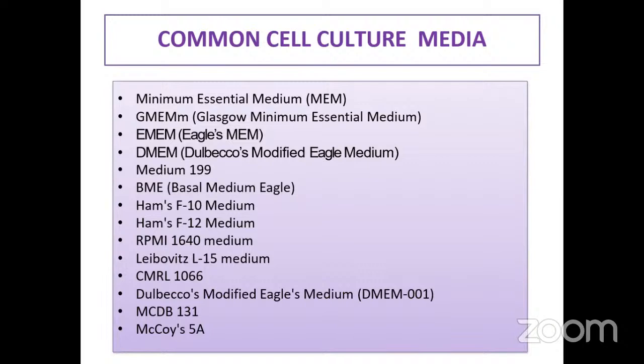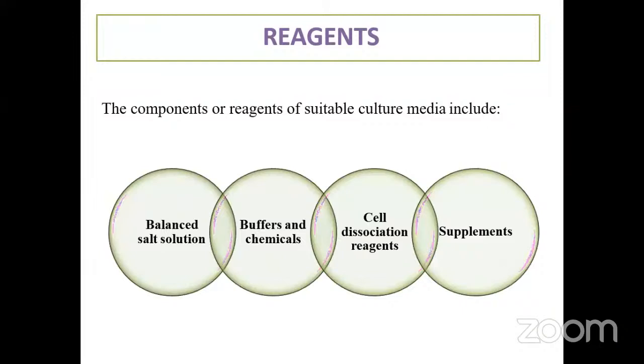This is all based on the names of the scientists. Then RPMI 1640, Leibovitz L15, CMRL 1066, then DMEM, Dulbecco's Modified Eagle's Medium, then MCDB and McCoy's. So these are the cell culture media used.